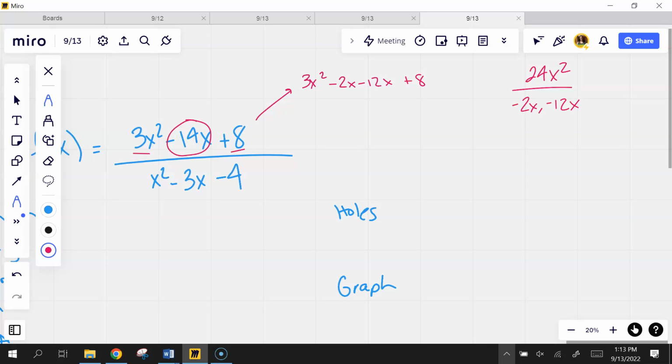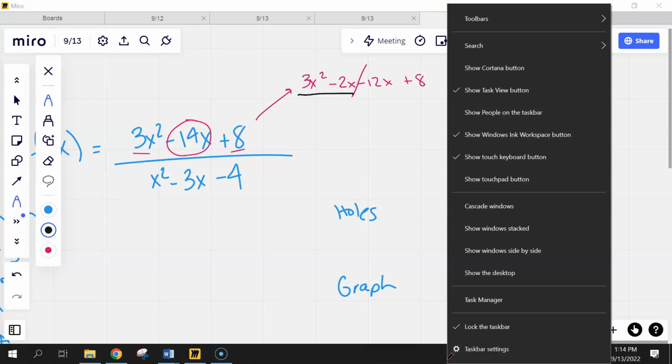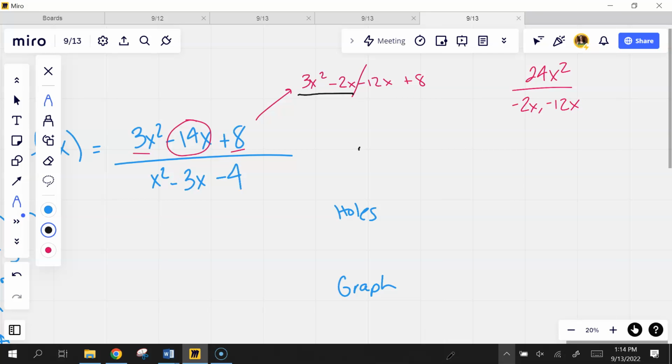Okay, and now I'm going to slash it in half, and I'm going to look at this as two separate problems. What is the GCF of 3x squared and negative 2x? X. If you take an x out of these, what's left?